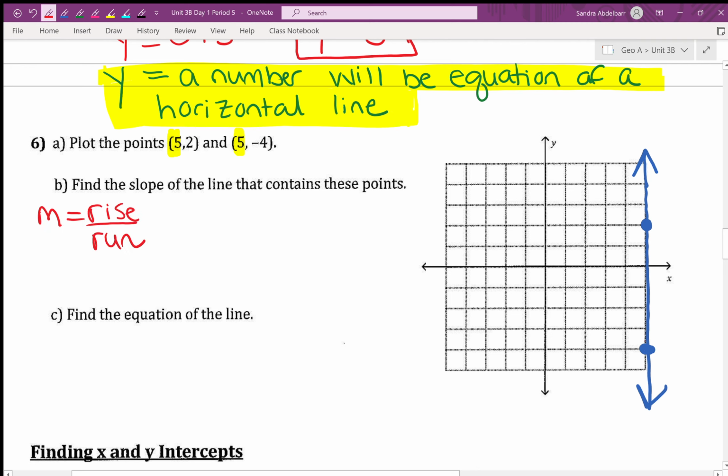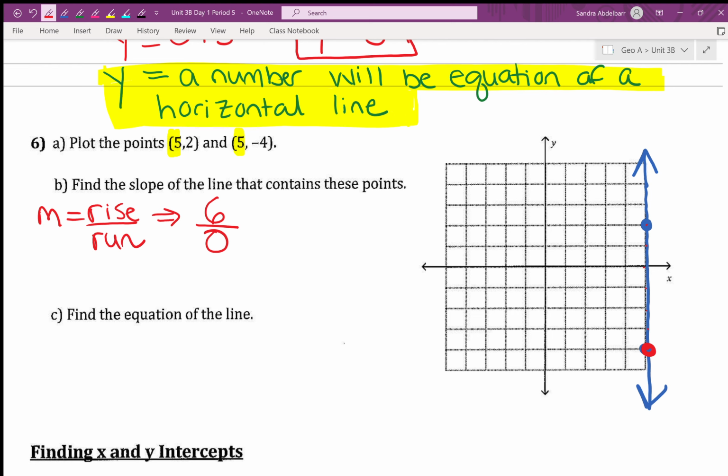Well, to rise, I'm going to go up 1, 2, 3, 4, 5, 6. Am I running left or right at all? No, so that's 0. Are we ever allowed to have a 0 in the denominator? No. What do we say when the 0's in the denominator? The fraction is what? Thomas? Undefined.